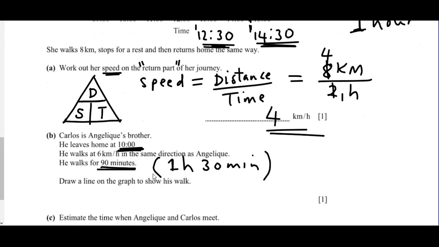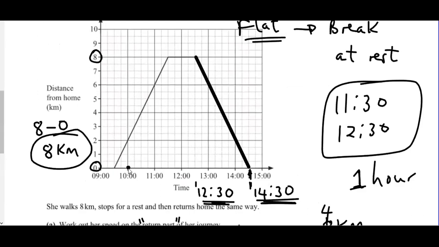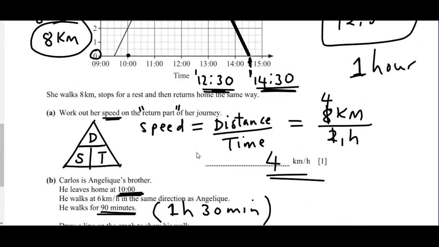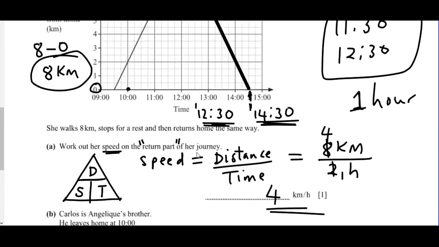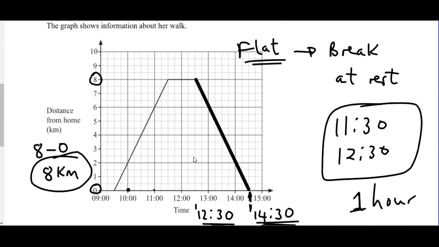Now from 10 o'clock, we have to count how long the journey of Angelique's brother lasted. So we have to count 90 minutes. That means 1 hour, 30 minutes. From 10 o'clock, from here to here is 1 hour plus 30 minutes. So Angelique's brother ended here.